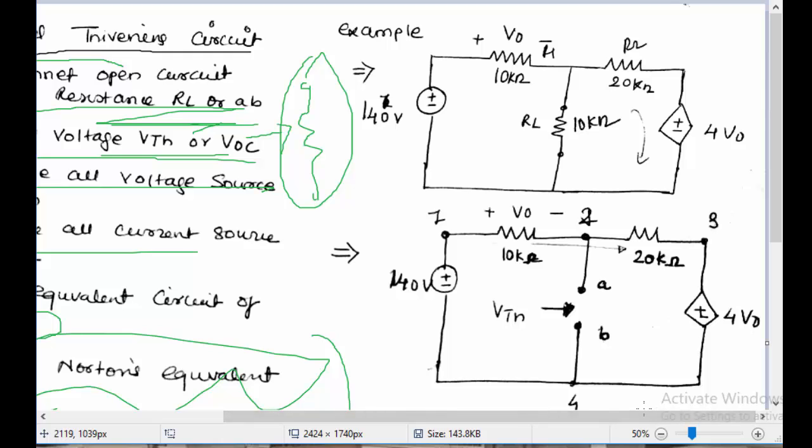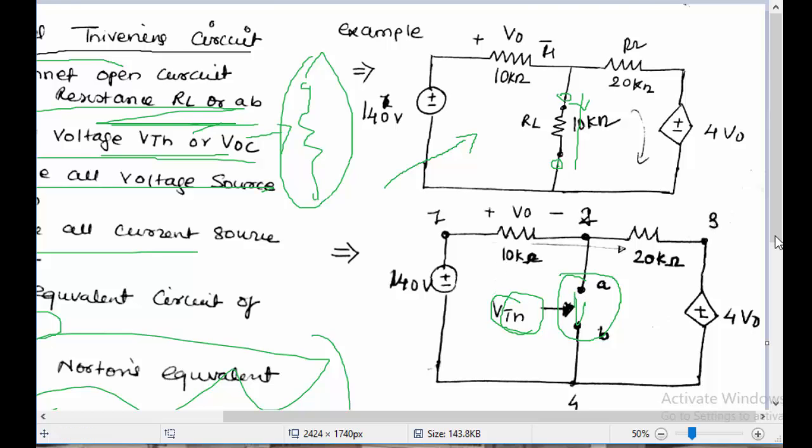Again, not complicating things, simply taking an example to illustrate the possible solution of a circuit using the Thevenin's method and the Norton's method. Suppose this is a load resistance across which you want to find the load current. To find the load current, you can use the Thevenin's method. You will open circuit this, and now you have to first find the V Thevenin across this open circuit.